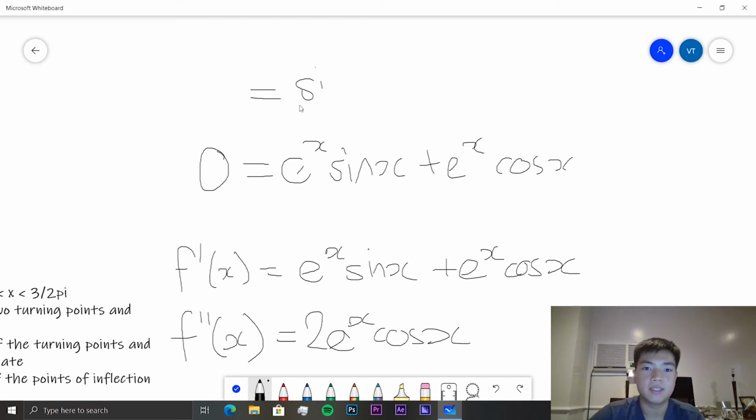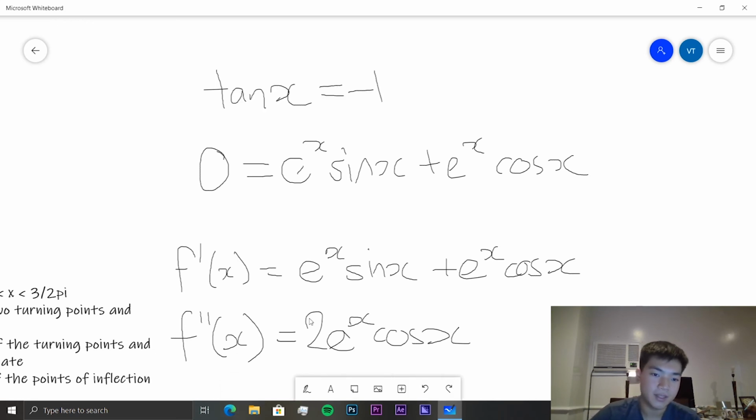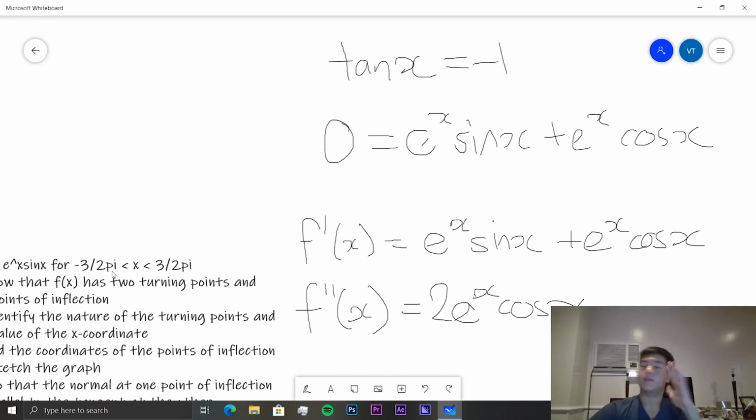And in other words, tangent of x is equal to -1, for which there are two values between negative 3/2 pi and 3/2 pi. Are there two values? The two values should be actually 3/2 pi and negative 3/2 pi themselves.